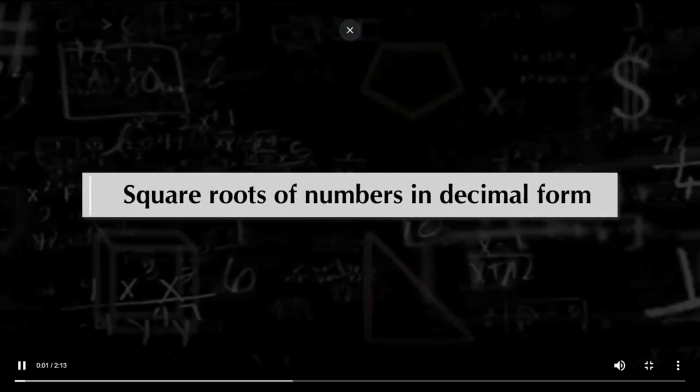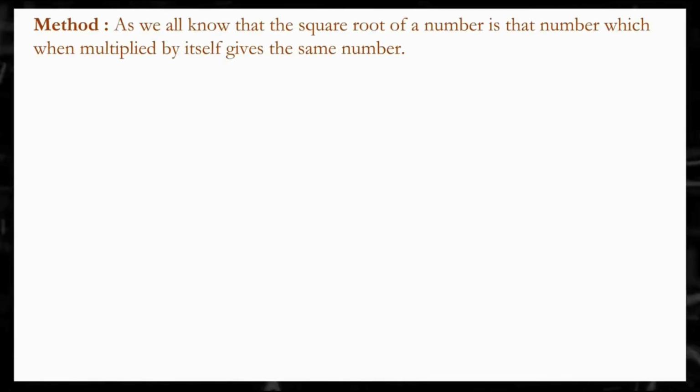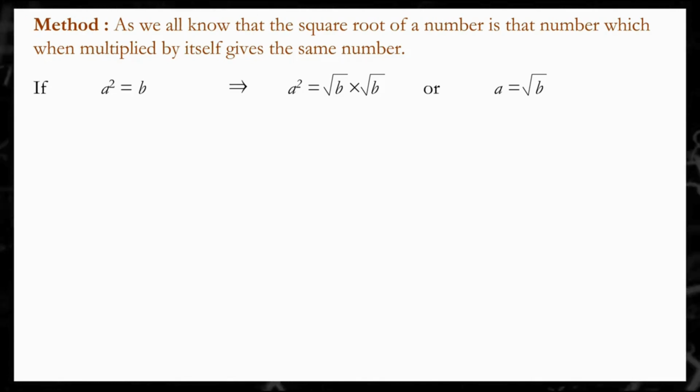Square roots of numbers in decimal form. Method. As we all know, the square root of a number is that number which, when multiplied by itself, gives the same number. If a square is equal to b, this implies that a square is equal to under root b into under root b, or a is equal to under root b.